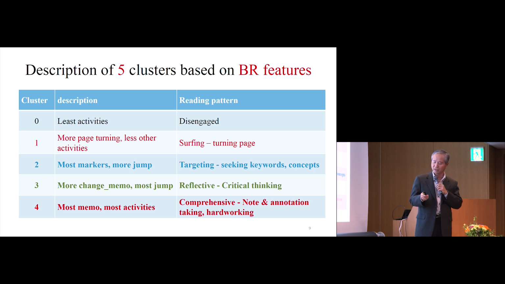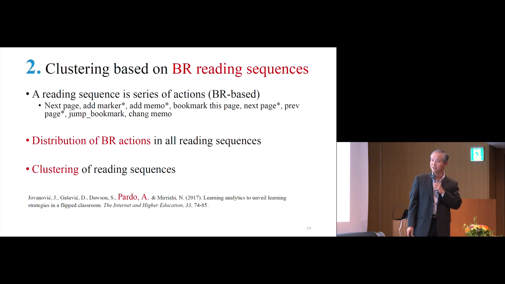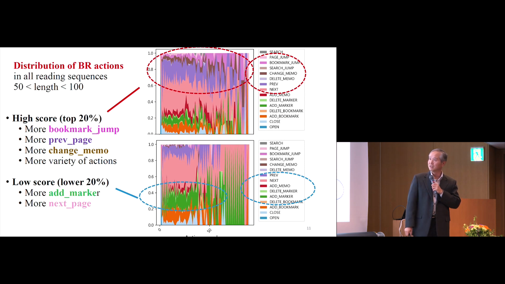So in general, we classify it into 5 clusters. The second clustering is based on, in fact, Professor Pardo's papers, which inspired us to do this. I will show you the distribution of BookRoll actions and how we do the clustering. In this figure on your right-hand side, the x-axis is the reading sequence.